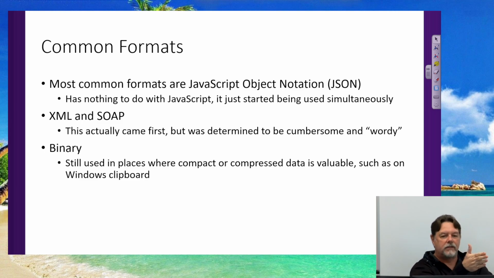When you hit copy, it binary serializes that data to the clipboard because it's very small. Smallness matters. They don't want to use more resources than they need to, and nobody's ever going to look at the data on the clipboard. So they just serialize it to binary and throw it out there on the Windows clipboard. When you go someplace else and paste, it deserializes it from that binary back into the rich text that it started out as.